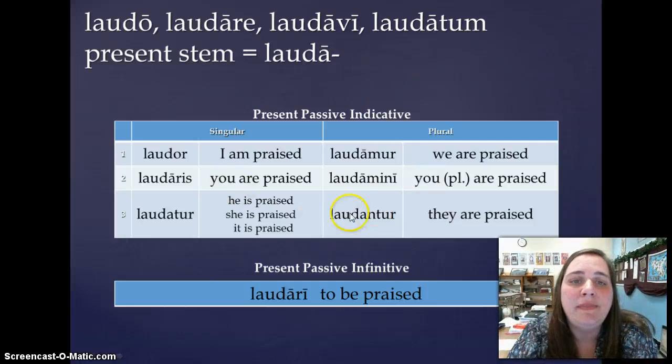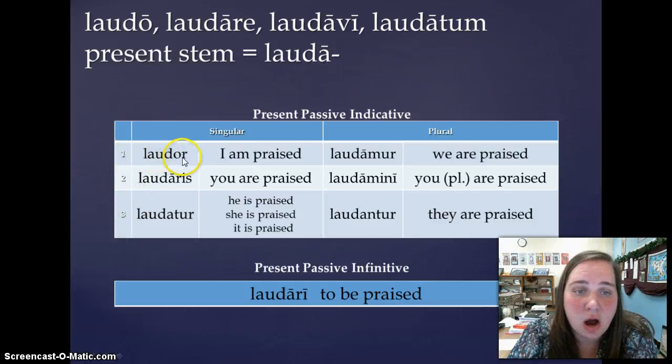Our present stem, which you get from removing the RE from the second principal part, is lauda, and then we just add the ending. So remember, first principal part plus R, so laudo plus R is laudor, I am praised. Laudaris, and after that, we need our present stem for the second, third, for second, third plural.